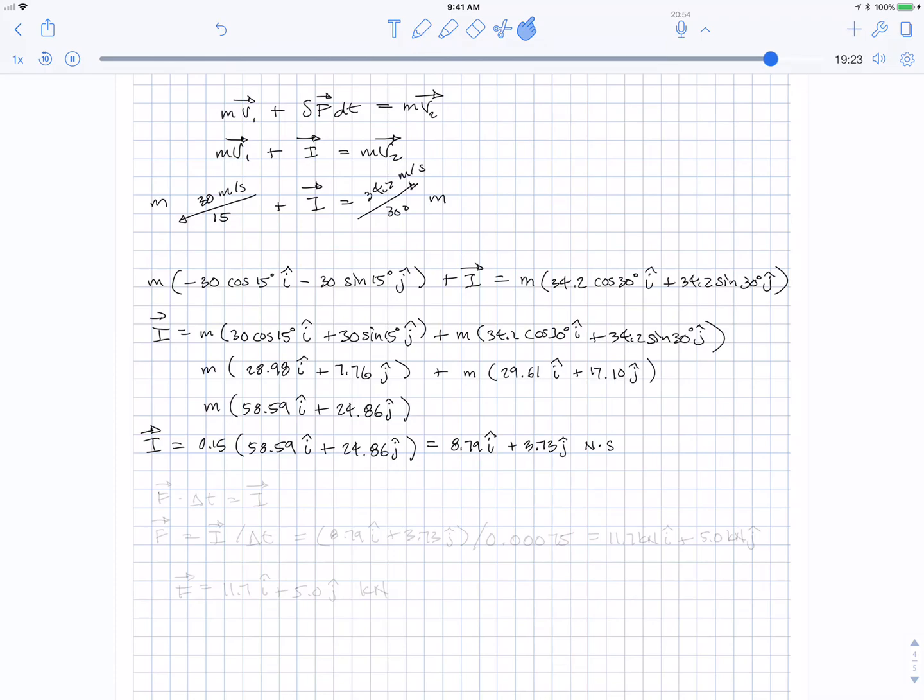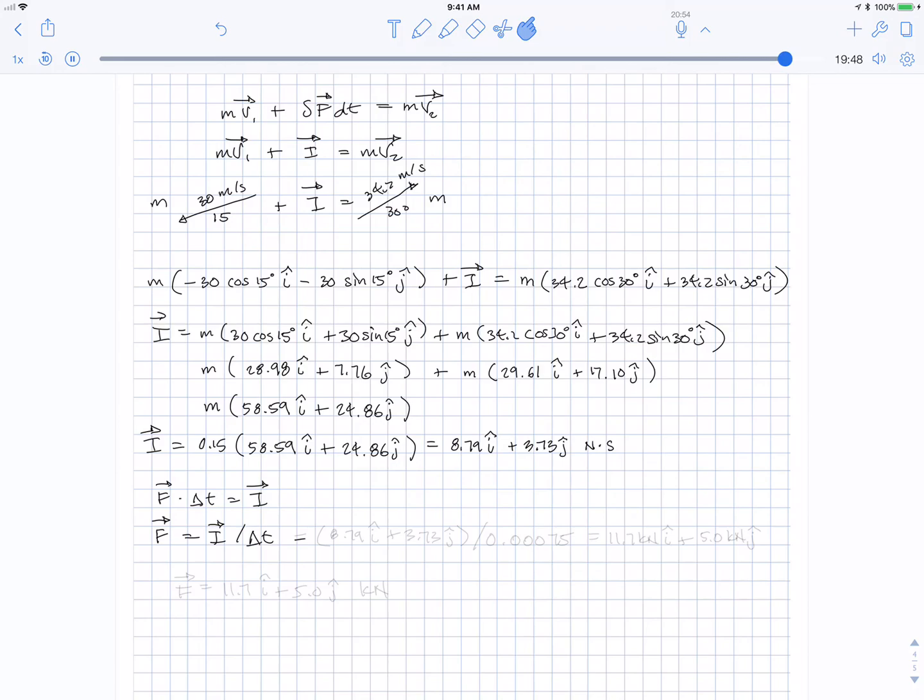So we know that the force times delta t will be the impulse. And so the force is just going to be the impulse divided by delta t. And delta t was very small. It was 0.00075 seconds.